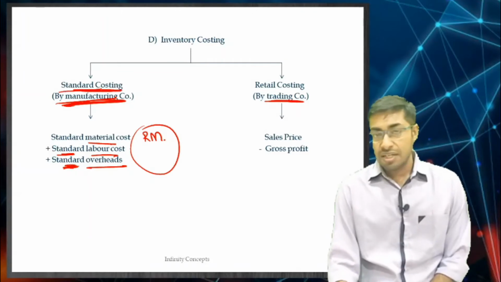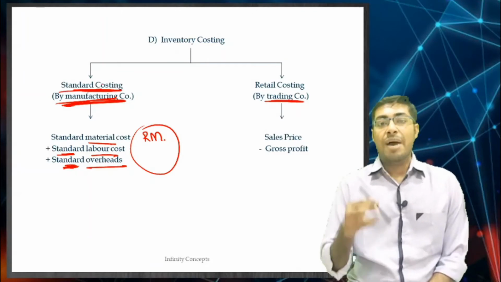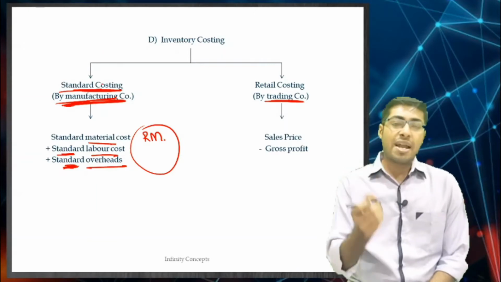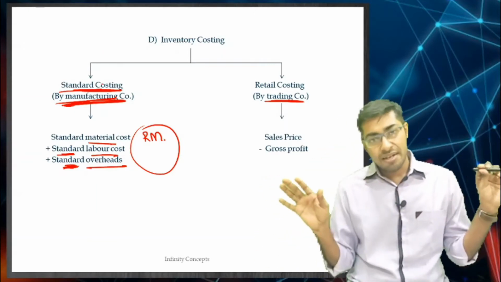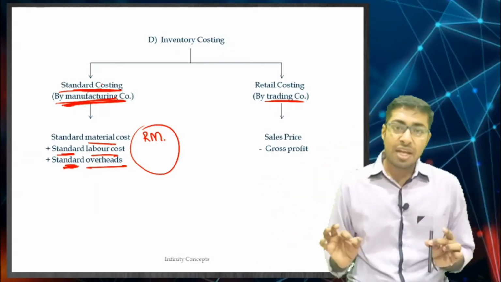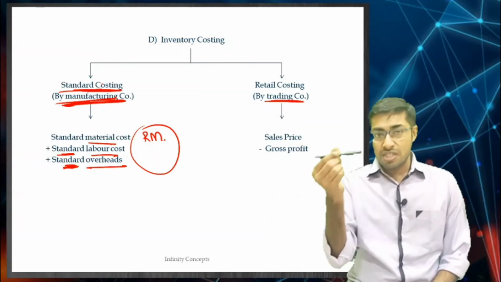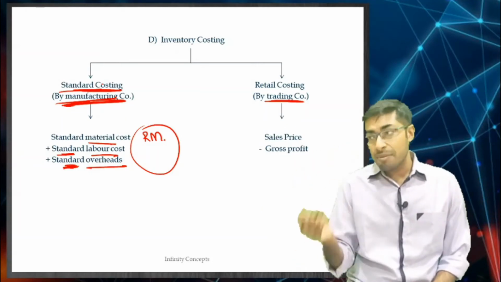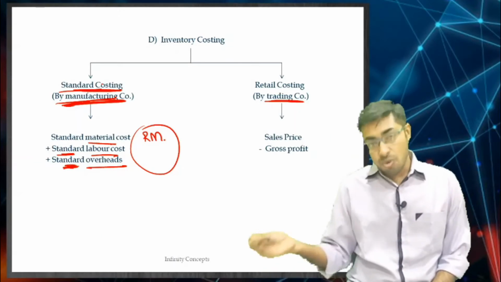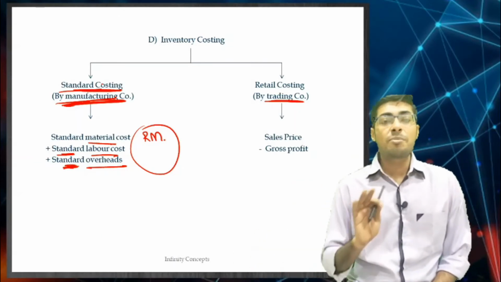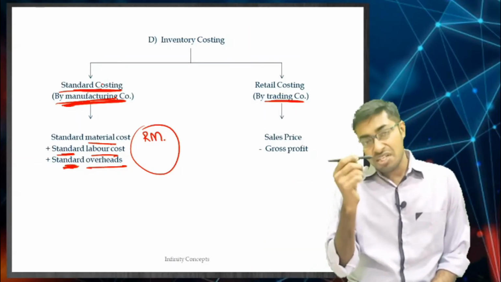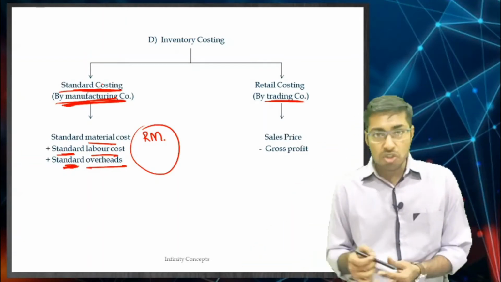Say for example, if you have manufactured this pen, you would have manufactured thousands and thousands of pens. Now, you want to calculate the cost of this pen so that the pens that remain in stock at the year end, the closing stock, you can value properly. What is the value of this pen that remains in my stock? You have not sold it, right.